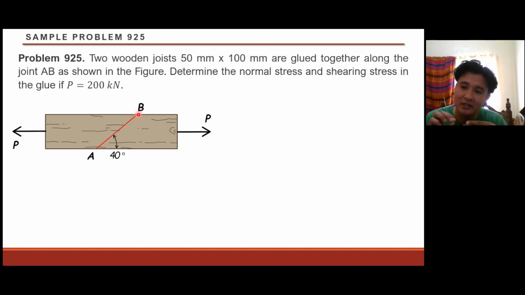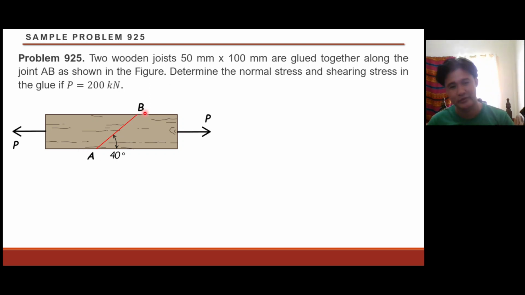So i-analyze natin yung plane or yung area kung saan natin pinagkabit yung dalawang member. For example, dalawang bakal na pinag-weld natin, di ba? So i-analyze natin siya doon sa part kung saan natin wineld yung ating dalawang bakal. Ganun lang din dito kasi doon yung critical na stresses. So doon most probably magkakaroon ng failure kasi.